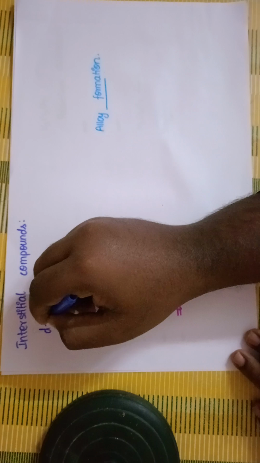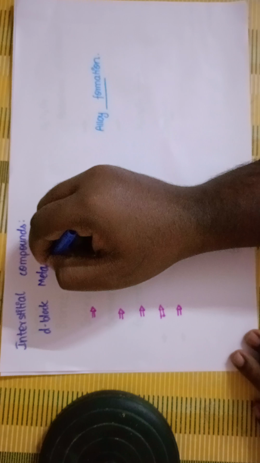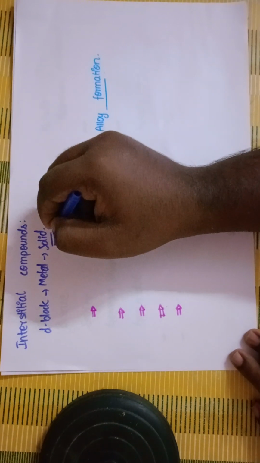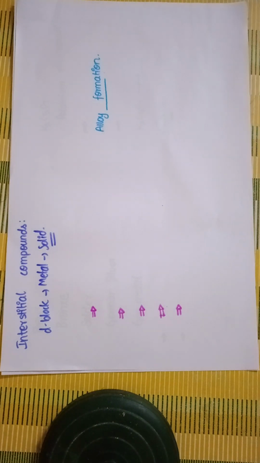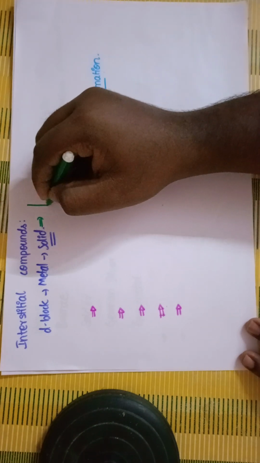And next discussion is about interstitial compounds. What is meant by interstitial compound? D block elements are metals. Metal exists in the solid state, which indicates that the atoms are arranged in fixed positions, which leads to the formation of a crystal lattice.